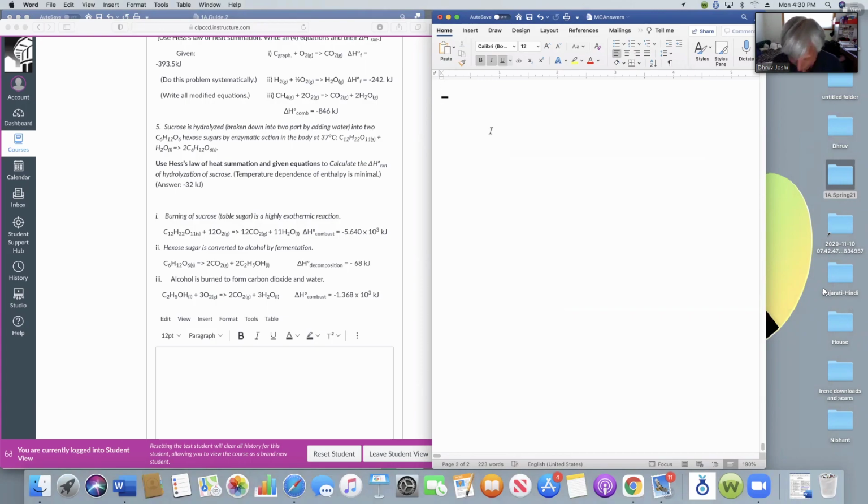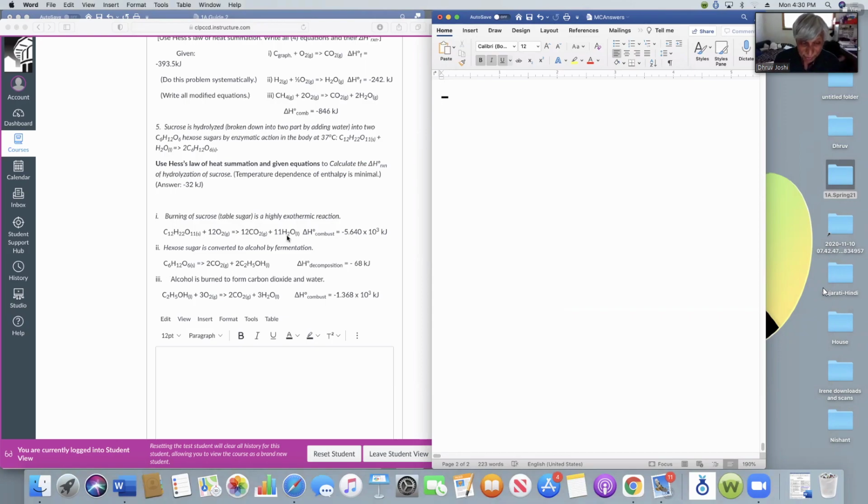It just means that the hydrogen-oxygen ratio in carbohydrate, in sugar, is 2:1. All sugars have that ratio: 2 hydrogen to 1 oxygen. That's where the name carbohydrate comes from.